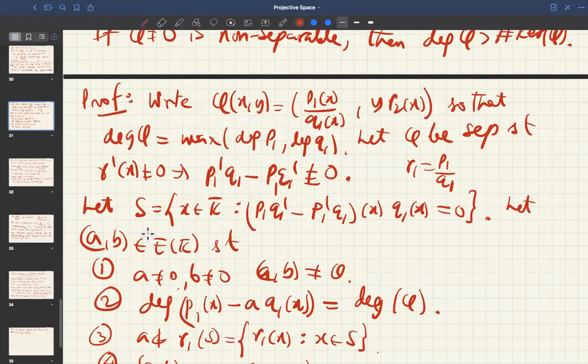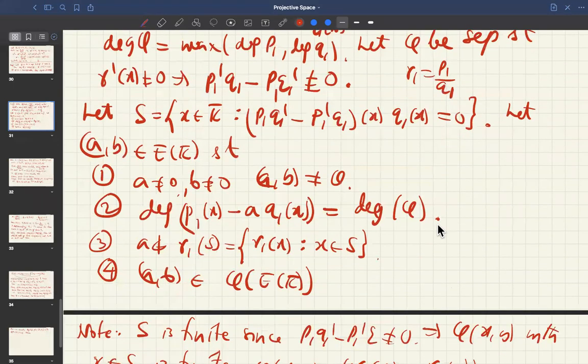You take s to be the set of roots of this polynomial times q1x. Then we try to find AB which doesn't involve any of the roots of this, and for which degree of p1x minus a q1x is same as degree of phi.